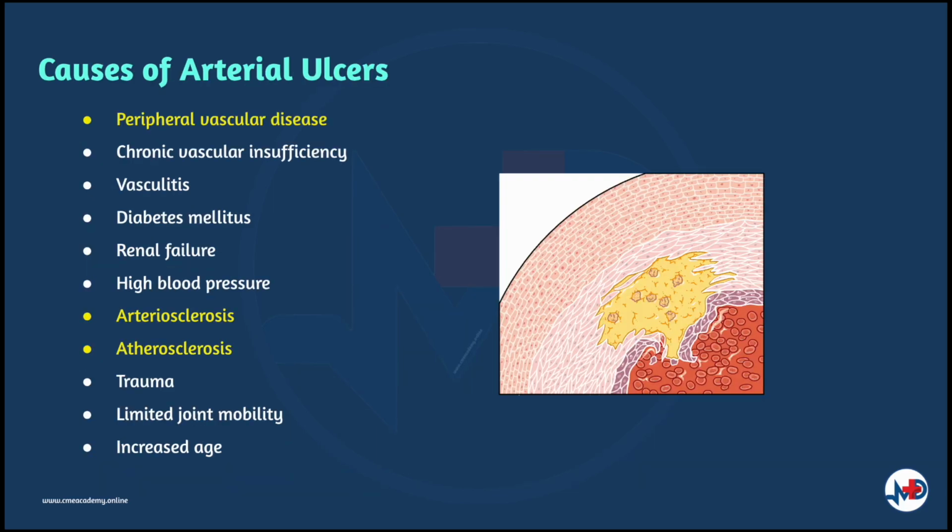The causes of arterial ulcers include peripheral vascular disease, chronic vascular insufficiency, vasculitis, diabetes mellitus, renal failure, high blood pressure, hardening of the arteries or arteriosclerosis, thickening of the arteries due to the buildup of fatty materials, trauma, limited joint mobility, and increased age.